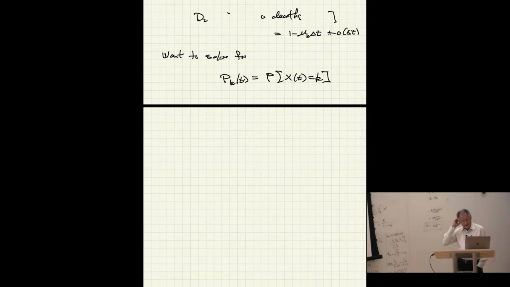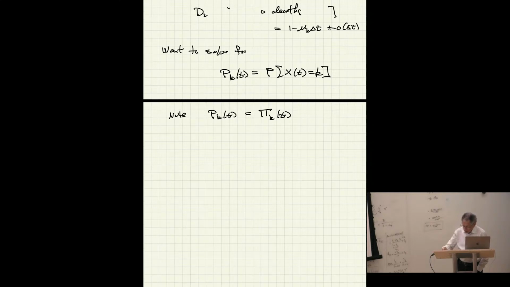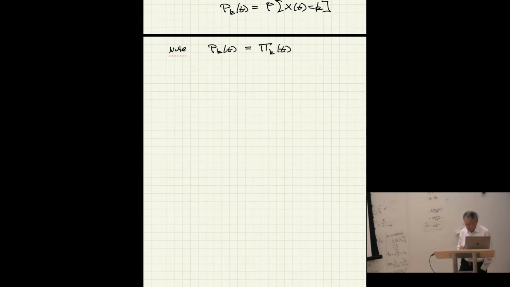Notice I've made a slight change of notation. I'm using p sub k of t here to represent what I called pi sub k of t before. It's a notation change, because pi was for general Markov chains, and the capital P I'm going to use for my particular queuing systems.